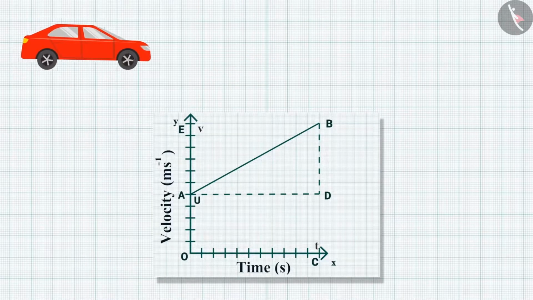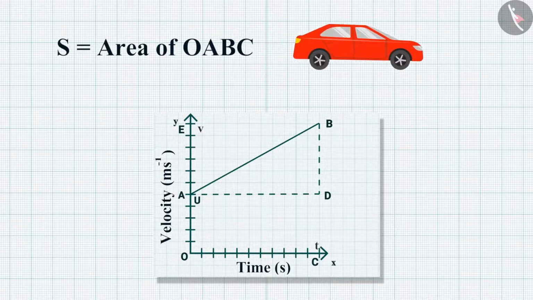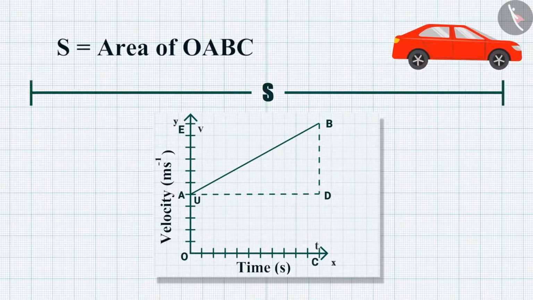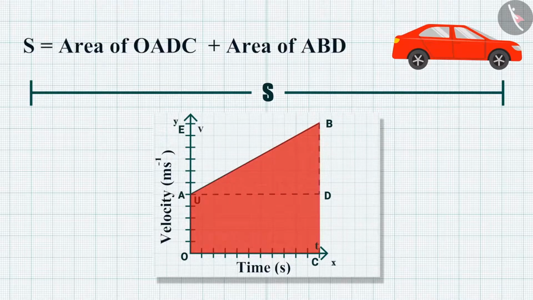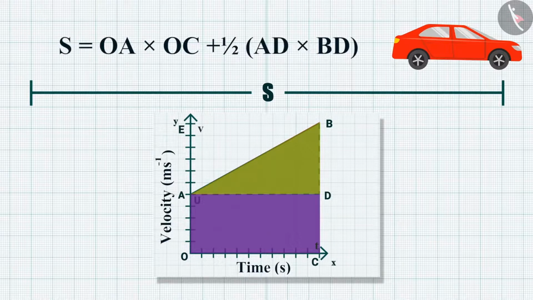Let the distance travelled by the car be s, which can be calculated as s = area of OABC, which is equal to area of rectangle OADC plus area of triangle ABD, which is equal to OA × OC + 1/2 × AD × BD.